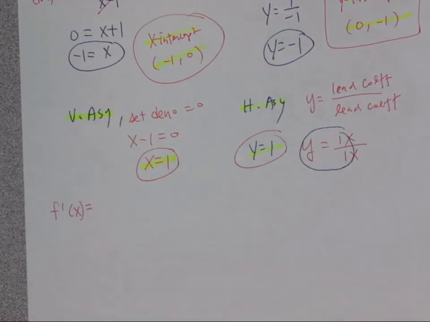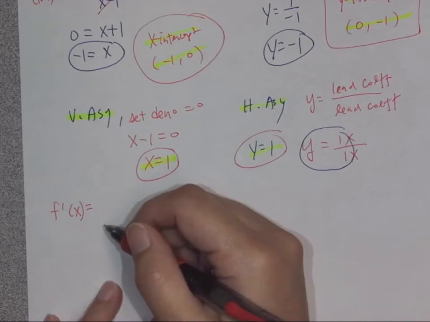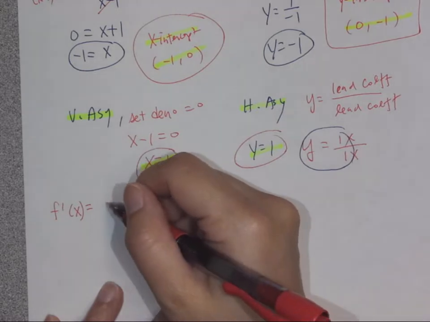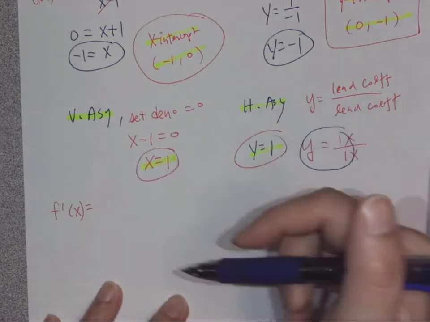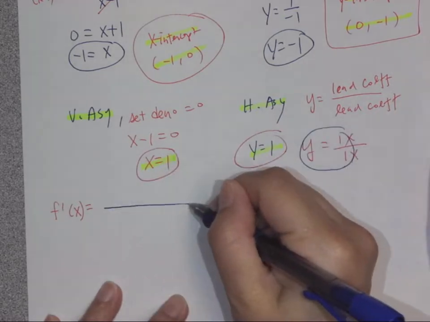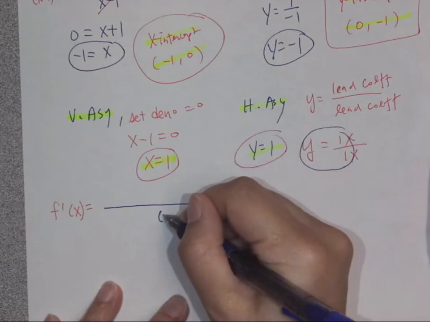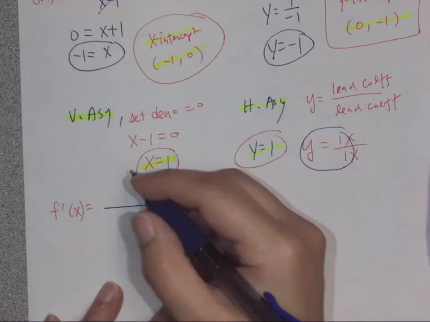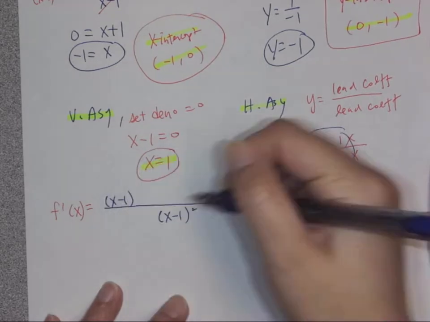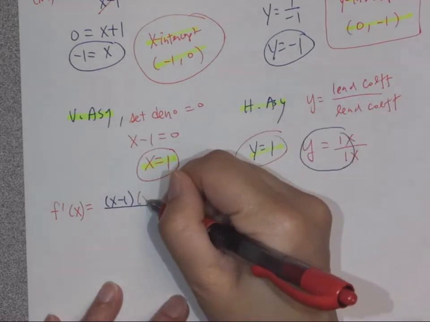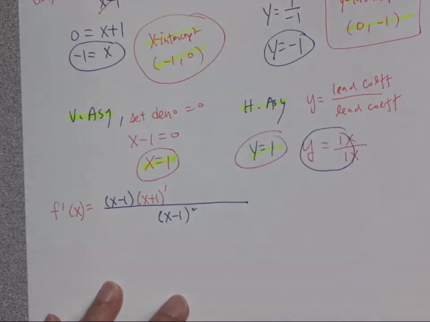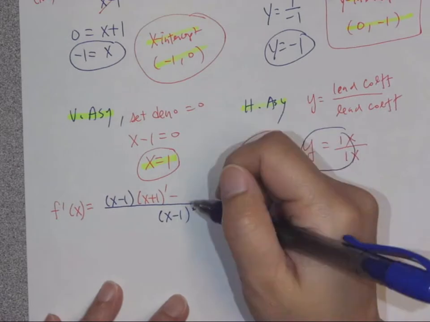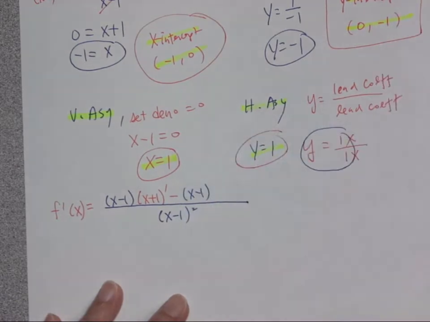You can do a quotient rule, or you can do the product rule if you make this a negative 1 exponent in the denominator. I'm going to just go ahead and practice my quotient rule. So remember first, we need to write the bottom part with a square. Then you start with which one? The bottom guy, and then the derivative of the top guy. And subtract: subtracting the bottom guy, take the derivative of the top.